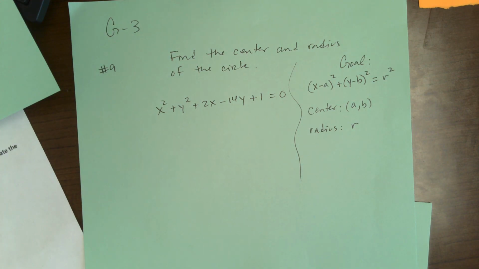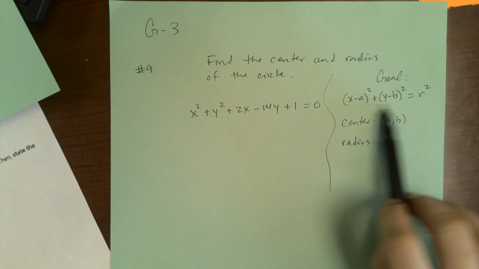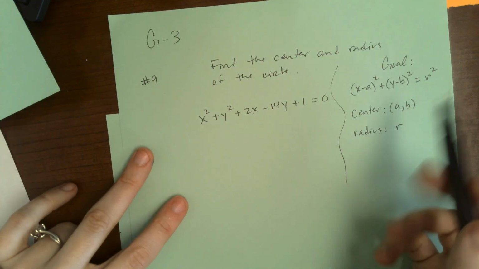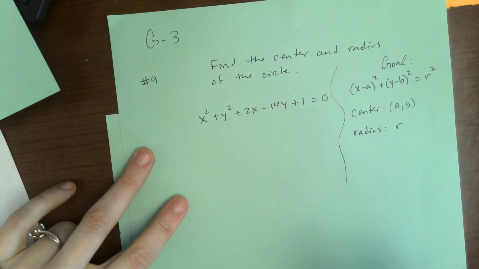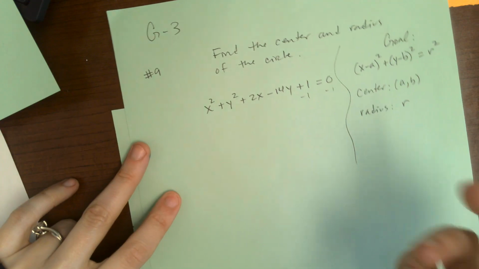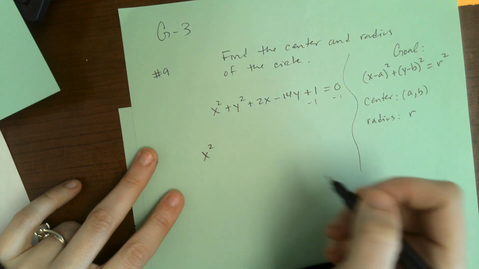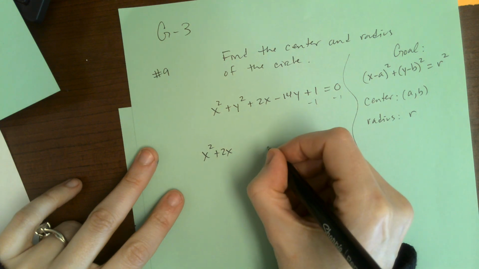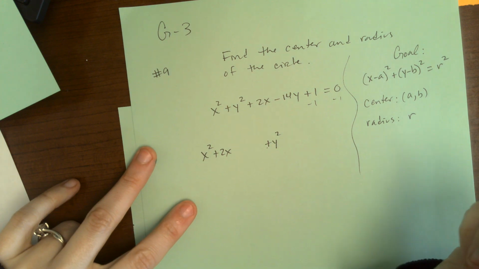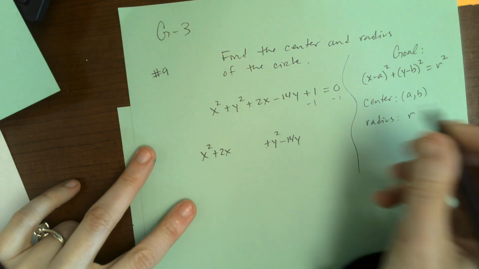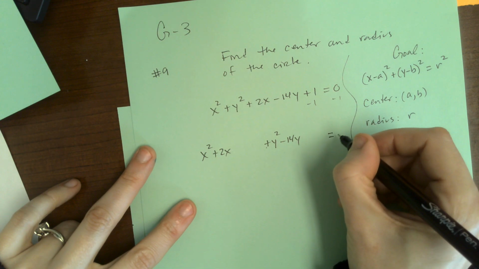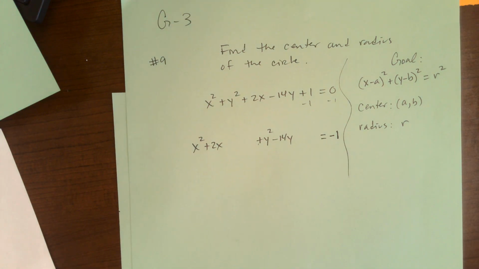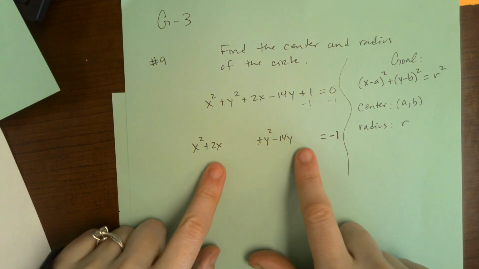To get this looking more and more like our goal, I'm going to do some regrouping. Actually, first I'll subtract this 1 from both sides, and I'll regroup. So x squared plus 2x, and then leave some space to complete the square, plus y squared minus 14y, leave some space, equals negative 1. That's what I've got right now, and now I'm going to complete the square twice.